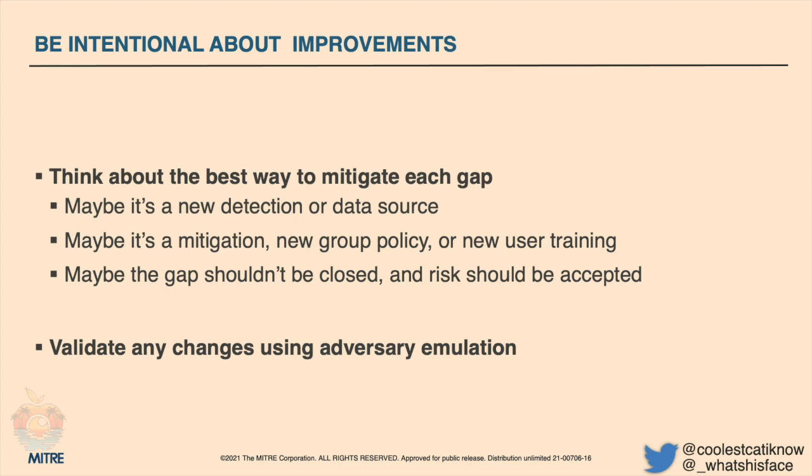So maybe it is a new detection or a new data source. Maybe we need to collect a new log we were missing before. Maybe it's making it so that something's not possible in an environment through a configuration change. But there's also a chance that maybe it's not something that we're going to be able to do anything about. It's a risk that we just need to accept. And of course, going through and trying to validate anything we're doing with adversary emulation.